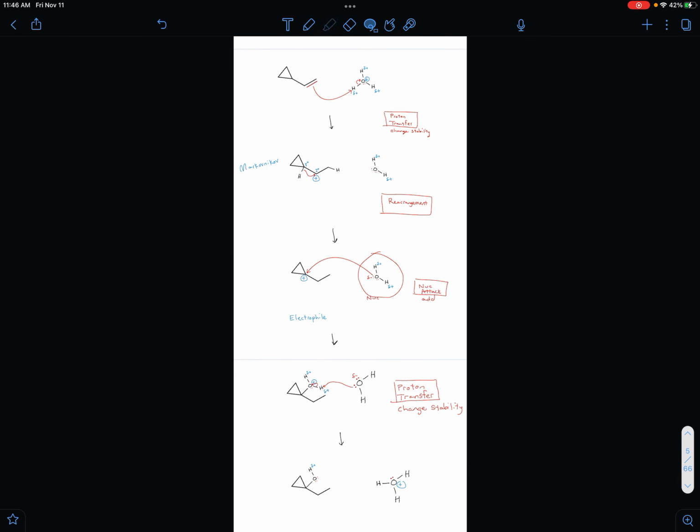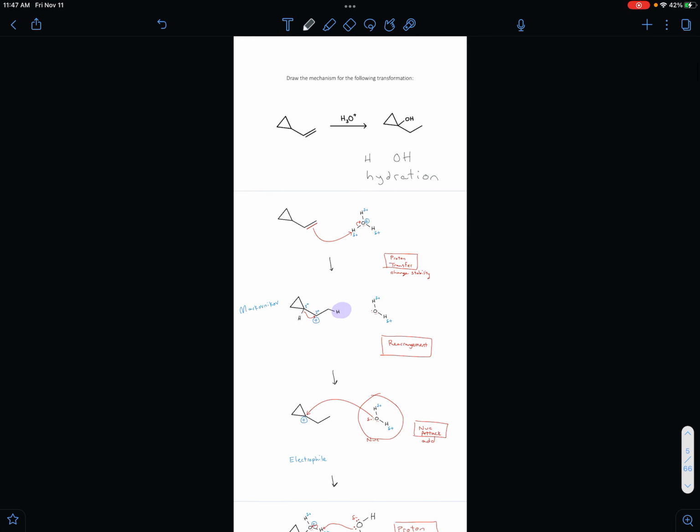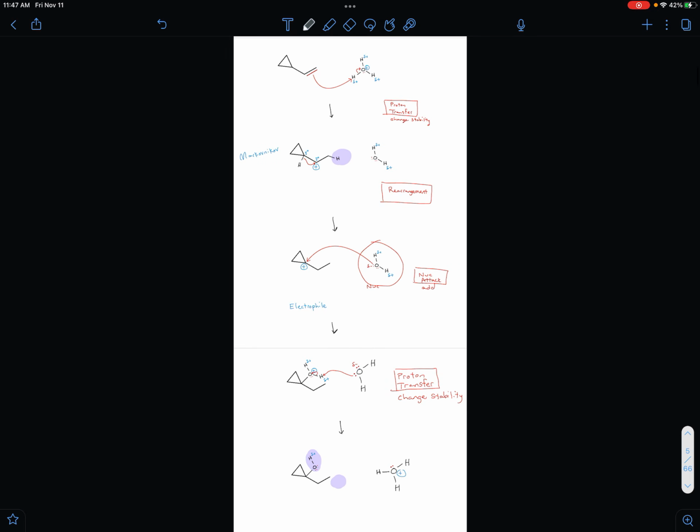So if you think back to where we started, what we ultimately accomplished is we added a hydrogen, and that's still there, though you'd have to see it with your mind rather than with your eye because it's implied on the skeletal structure, and we added an OH. In other words, we added an H and an OH, or we added water, H and OH. And so that's why this is called a hydration.